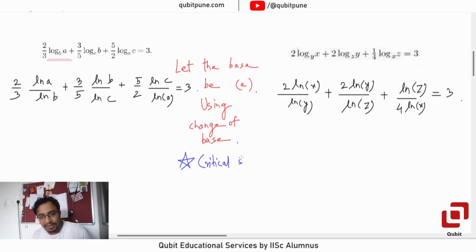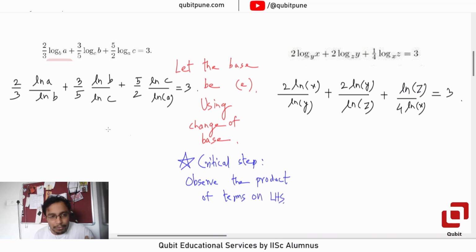And this critical step is to observe the product. Please tell me, what do the three terms on the LHS multiply to?